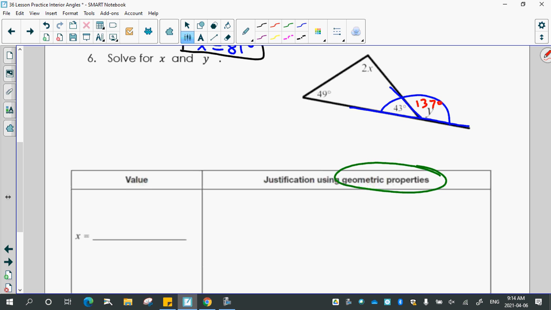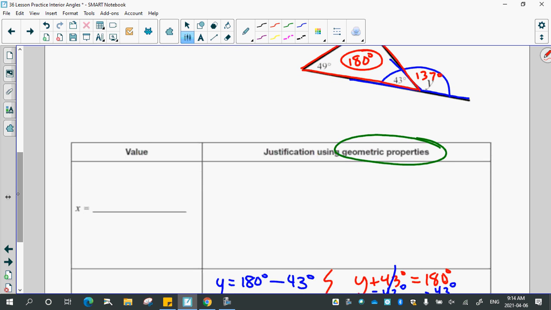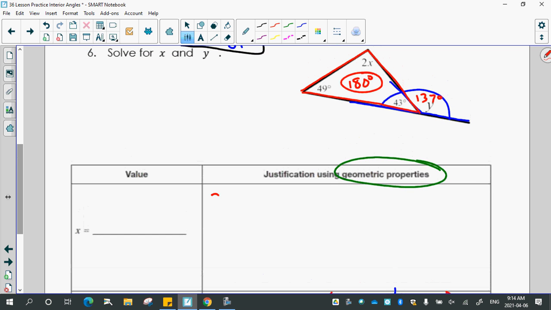Vanessa? Because you know all the angles add up to 180. So the angles inside this red triangle add up to 180 degrees. Is everybody good there? Yep. So I could make an equation if I want to. I will start with x if I can.